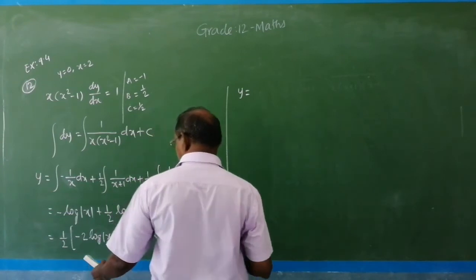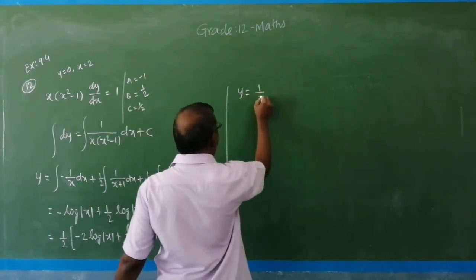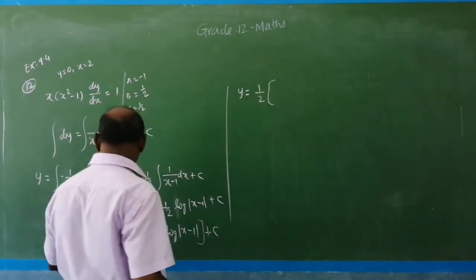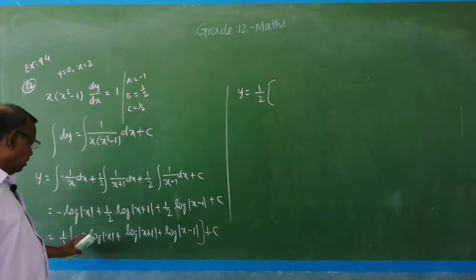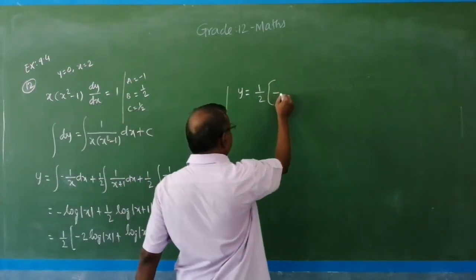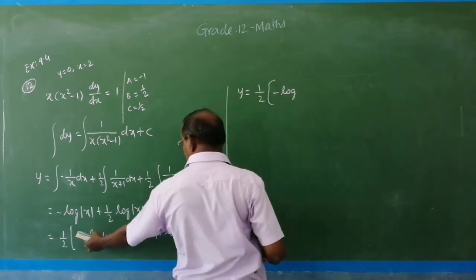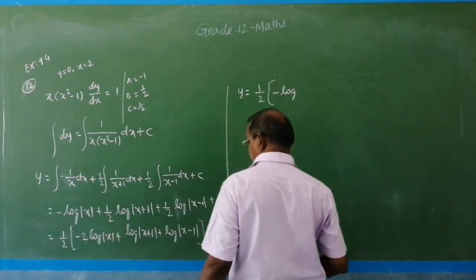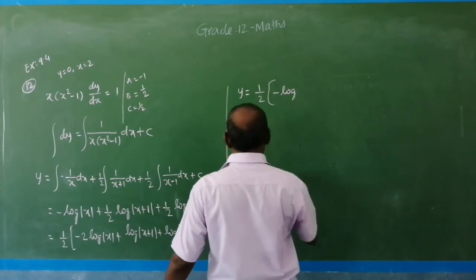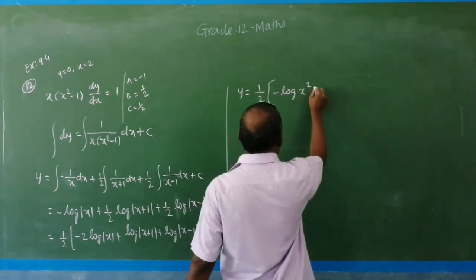So y equal to 1 by 2 into minus 2 log of x, keep the minus here, bring the power to the x by property, this is minus log of x square.